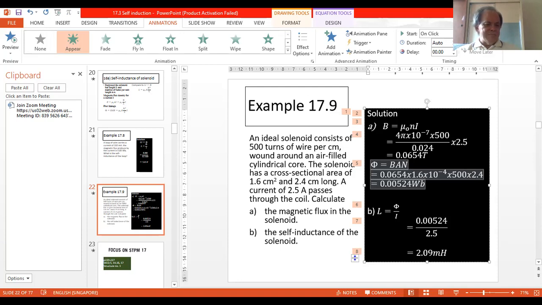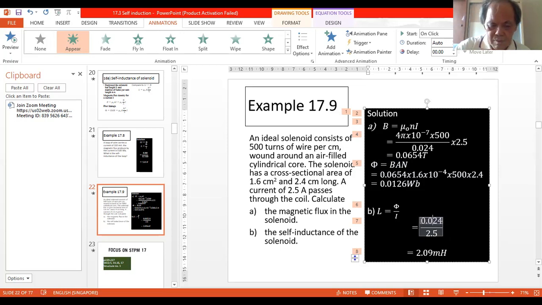After that the calculation is the same as before. So it's 4 pi times 10 to the minus 7, times 1.6 times 10 to the minus 4, times 1200, times 1200, divided by 0.024.